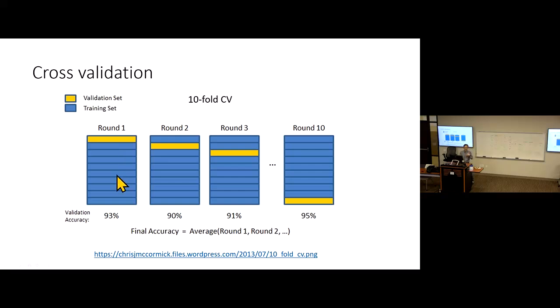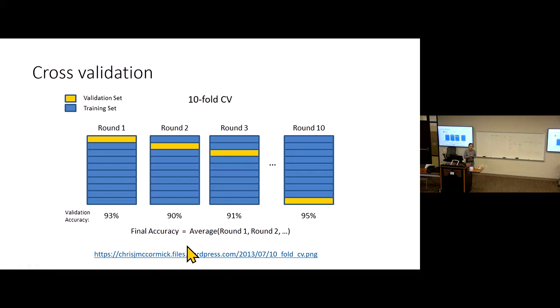Say 93% in this round. You will repeat this procedure again. Randomly sample your data, separate it into a training part and a validation part. Then use the training part to train your model, run again, the parameters change. Then use the testing part to test the accuracy of your trained model. In this case, 90%. Then you repeat this 10 times. At the end, you average your validation accuracy to give you the final accuracy.